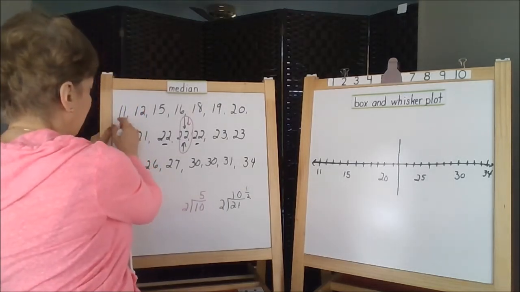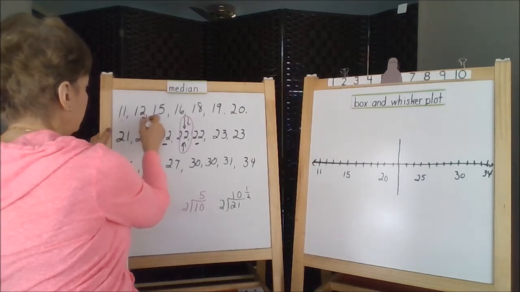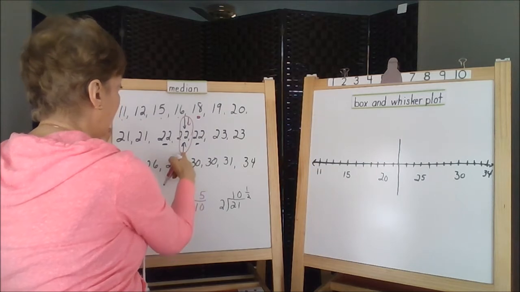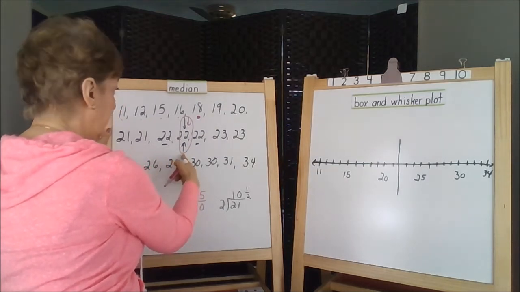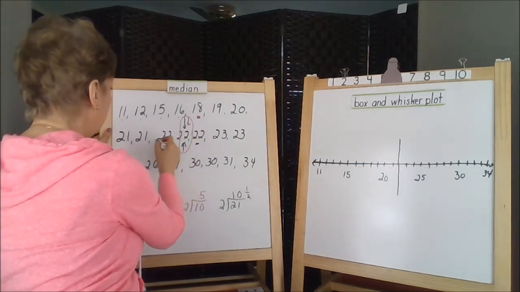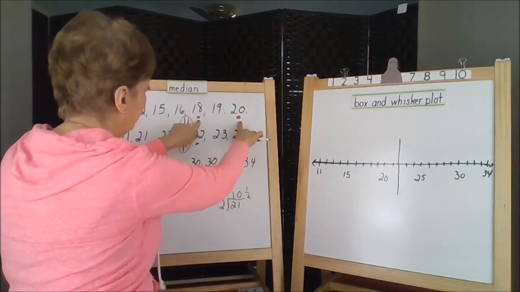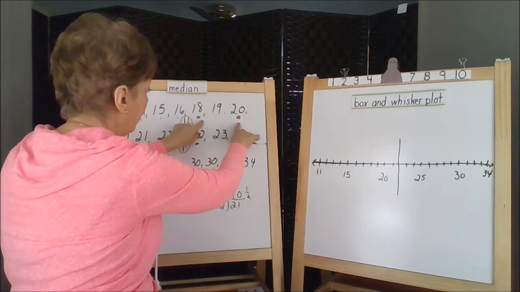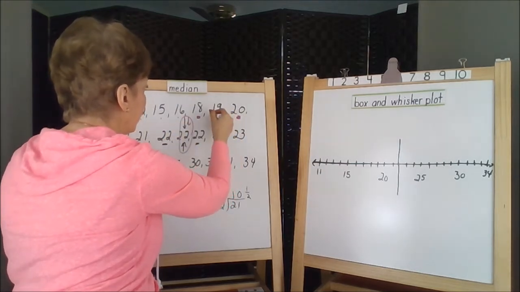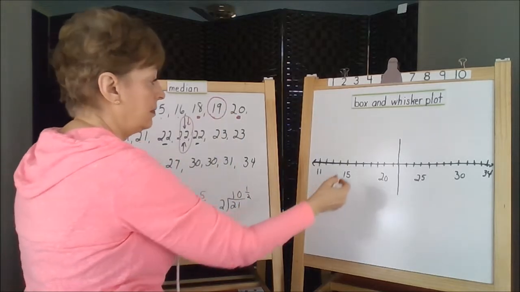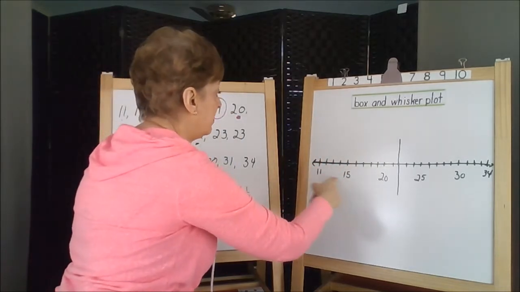Starting at the 11, I'm going to count over 1, 2, 3, 4, 5. Starting at this middle number, I'm going to count over 1, 2, 3, 4, 5. And the number between the two, since we have an odd number, is our 19. So 19 becomes the second line on our box and whisker.